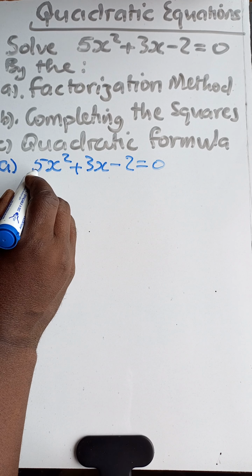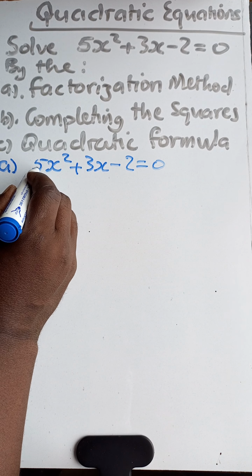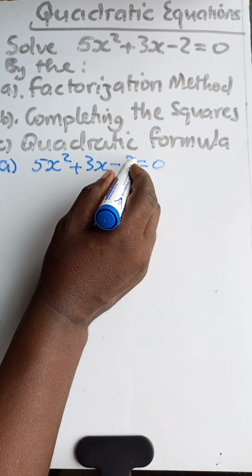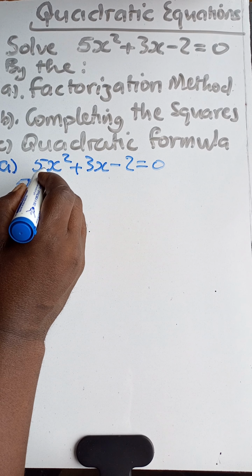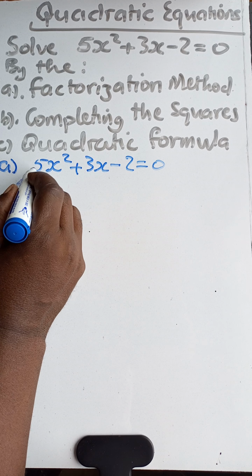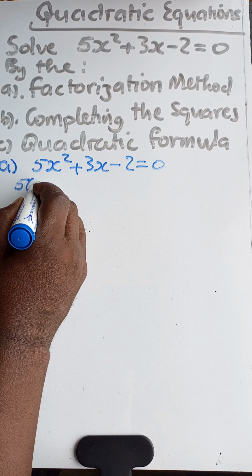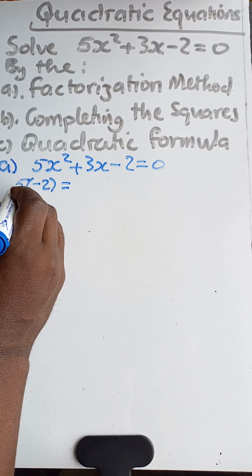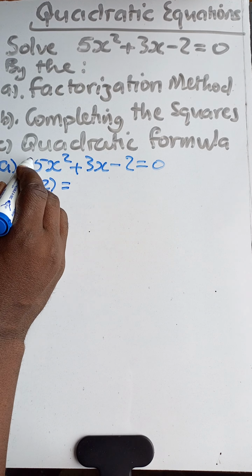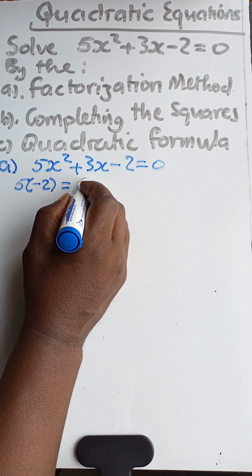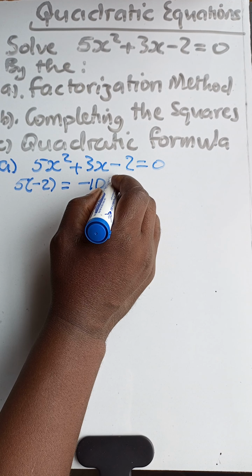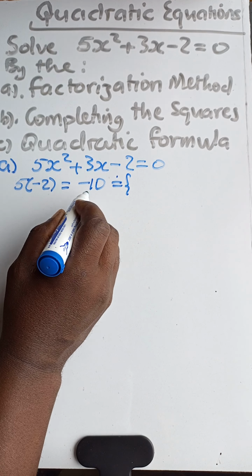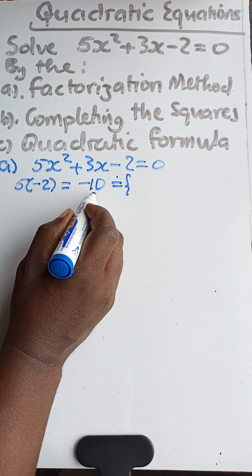We find the factors of the product of the coefficient of the leading term and the constant term. And so we'll find that product first of all. 5 multiplied by negative 2, we're going to have negative 10.